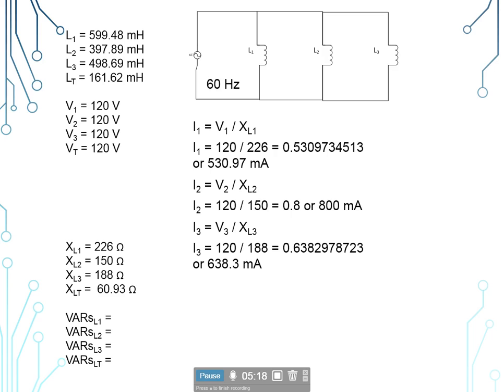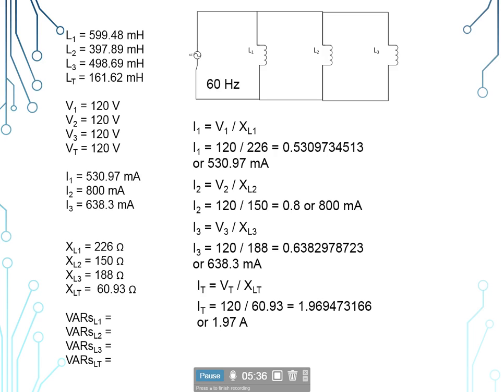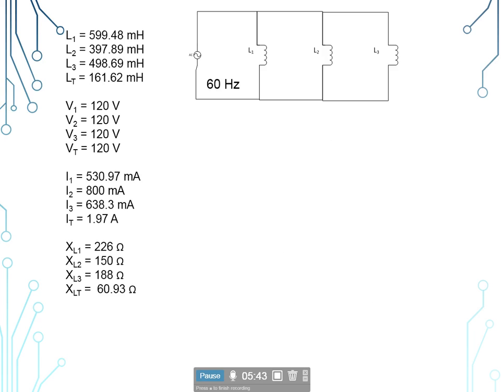Now we need our total current. So our total current, I sub T, is equal to V sub T divided by X sub LT. We calculated that earlier. So we have 120 volts divided by 60.93 ohms, giving us a total circuit current of 1.97 amps.